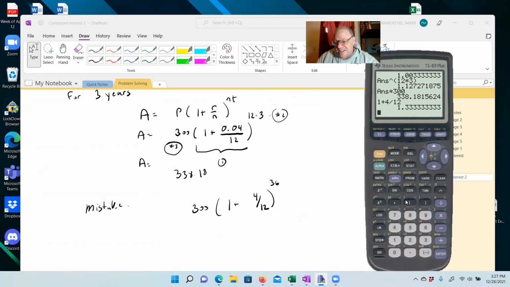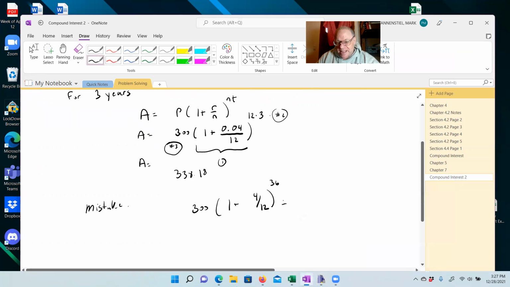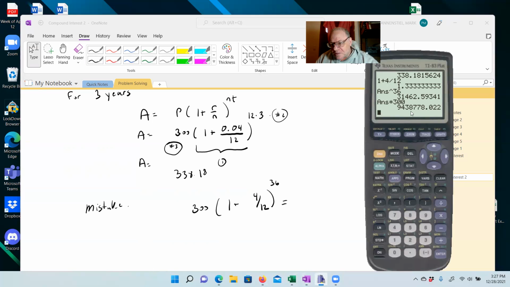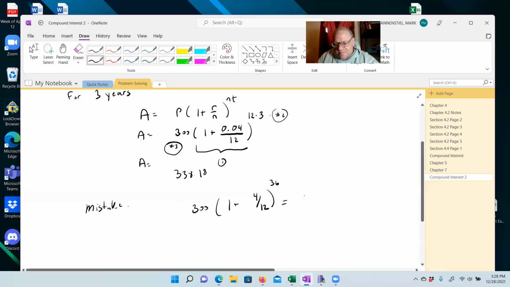It's a lot bigger. Then raised to the 36th power, and then times 300. What was our original investment? It was $300, and this thing came out to be 9,438,000.